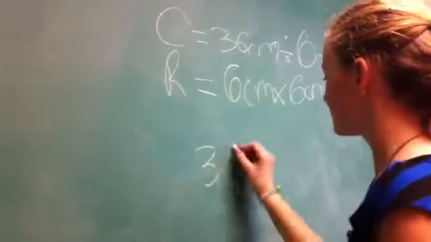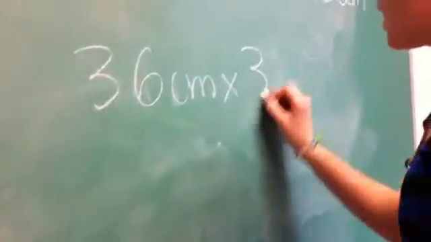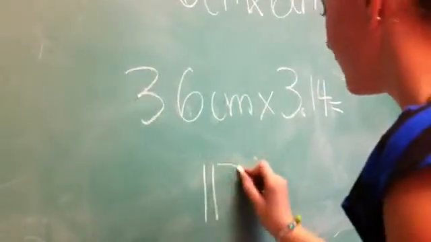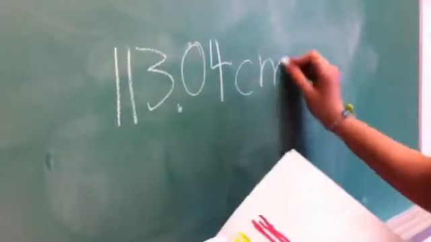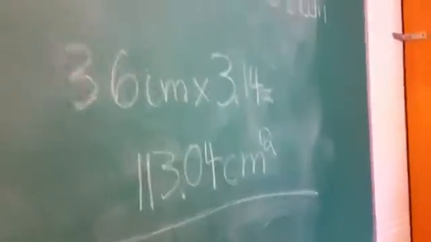So 36 centimeters multiplied by pi, which is 3.14, would equal 113 centimeters squared. And that's how they're all connected.